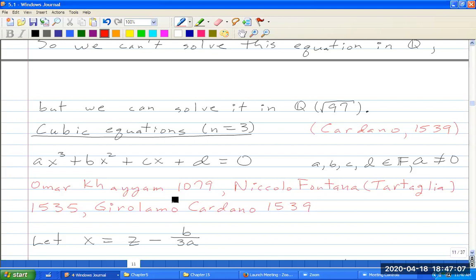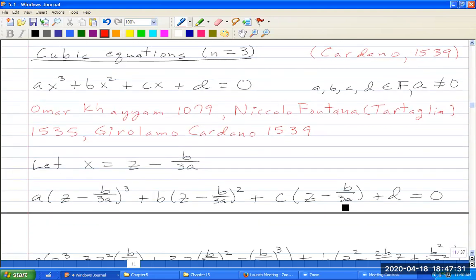Tartaglia said that he would never divulge it, but Cardano did, after 4 years, he actually published it. So they were quite angry at each other. Fontana said he would never divulge it, but he did. But it's now called Cardano's formula, just because he published it first.